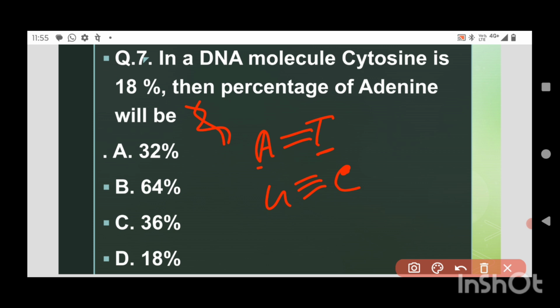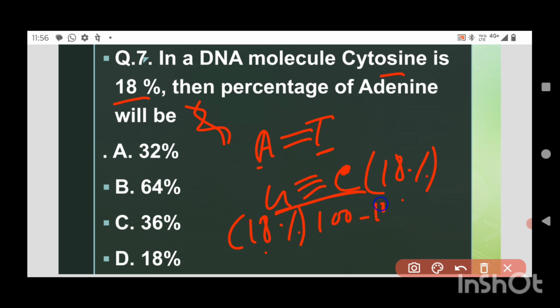So in the question it is given that cytosine is 18%. When cytosine is 18%, guanine is also present at 18%, because they must be equal in percentage. So here 36% is already accounted for. The remaining percentage is 100 minus 36, which is 64%.